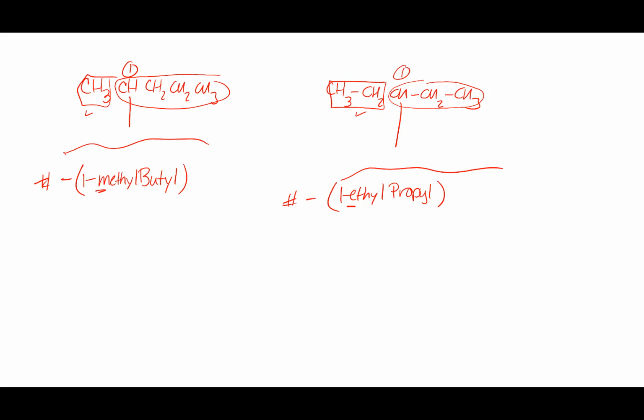So let's say I've got this. I've got a CH3 and then down here I've got a CH with a CH2CH3 and a CH2CH3.